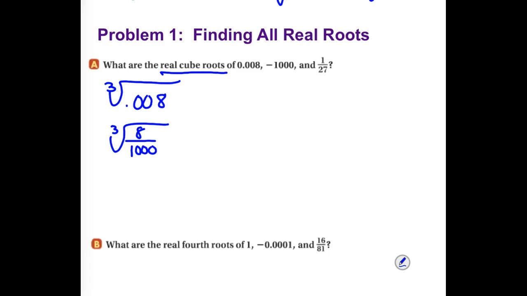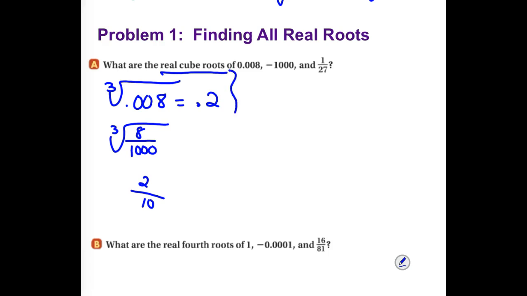You can separate them. So this becomes the cube root of 8, which is 2, and the cube root of 1,000, which is 10. So we get 2/10. Now, since the original question was a decimal, I'm going to go ahead and give the answer as a decimal. 2/10 would be 0.2. Okay?